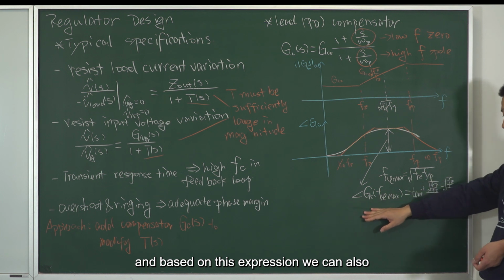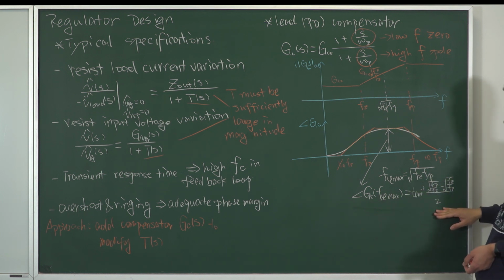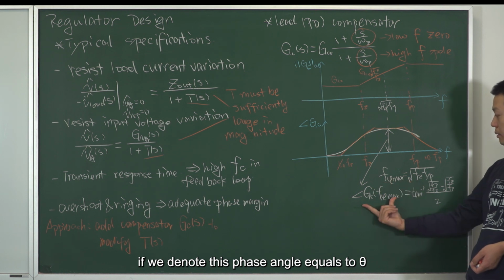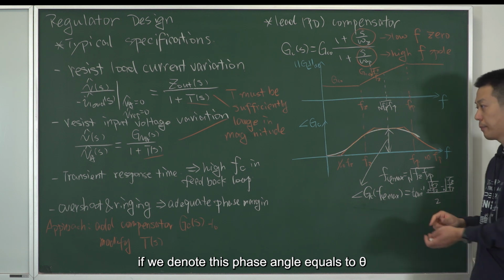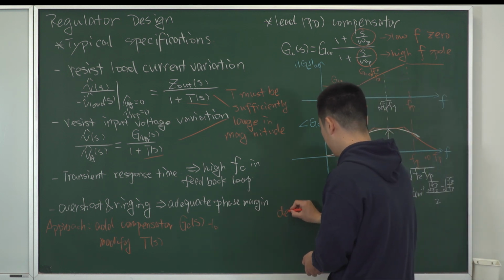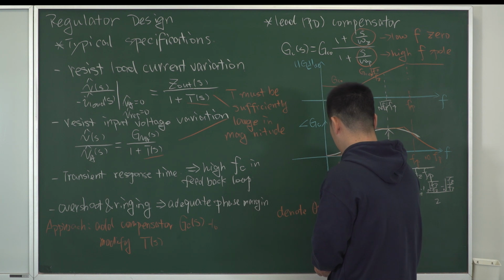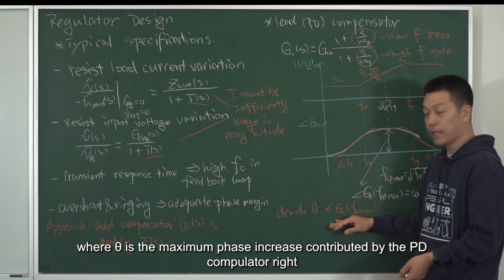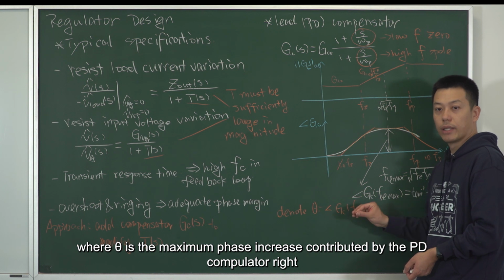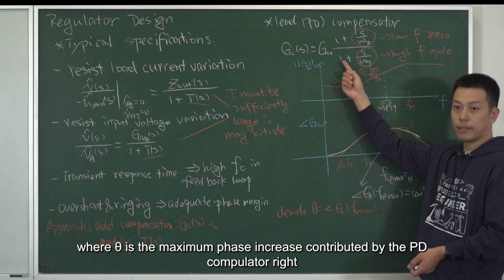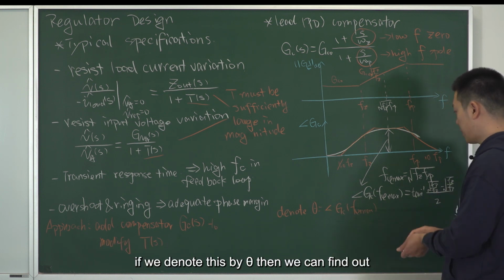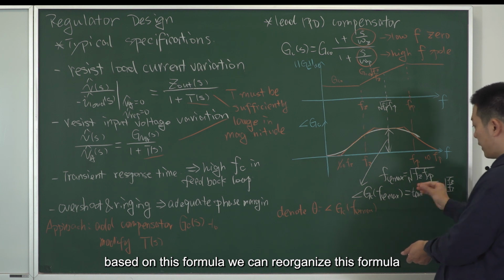Based on this expression, if we denote this phase angle as theta, where theta is the maximum phase increase contributed by the PD compensator, then we can reorganize this formula.